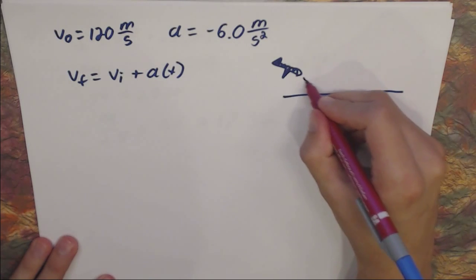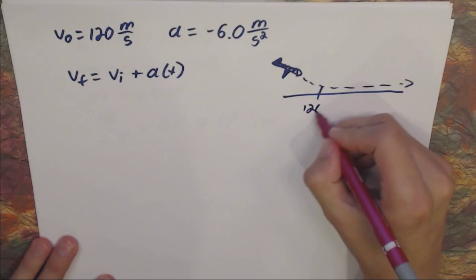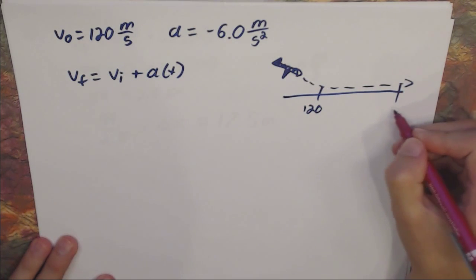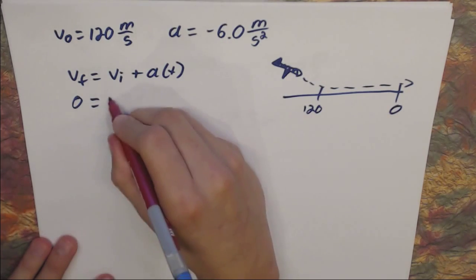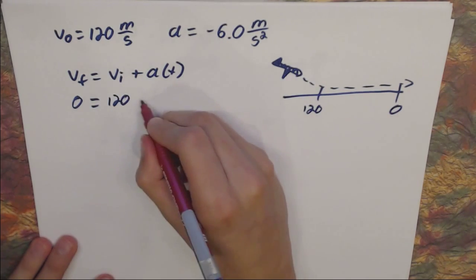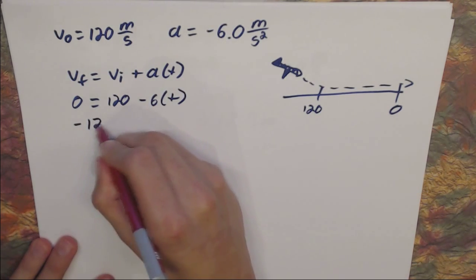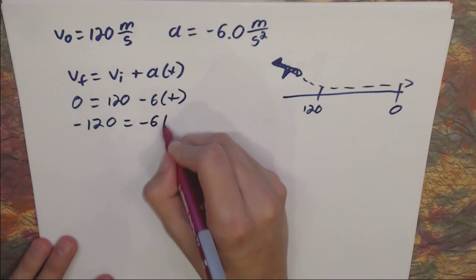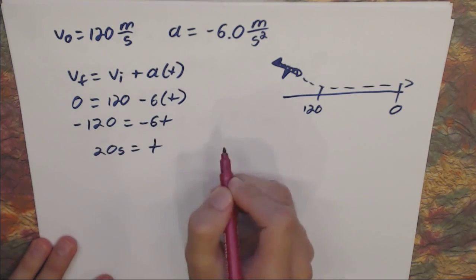So it's starting here when it hits the runway at 120, and it's ending at rest, which is 0. So our V final is 0, and our V initial is 120, acceleration is -6, and we're looking for time. So -120 equals -6 time, 20 seconds equals time.